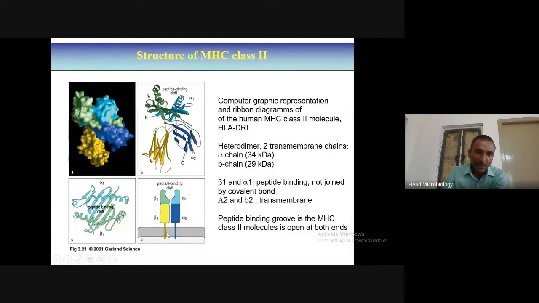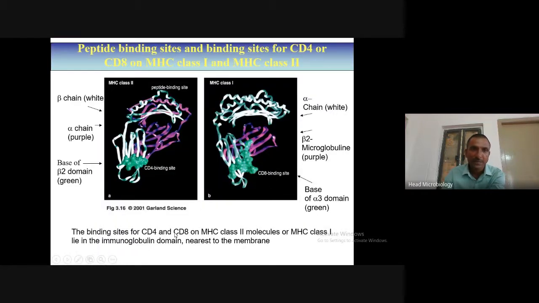These MHC molecules are open at both ends. Here are the peptide binding sites for CD4 and CD8, for MHC class 1 and MHC class 2. What are the different types of classes, and which type of sites are there in MHC2?